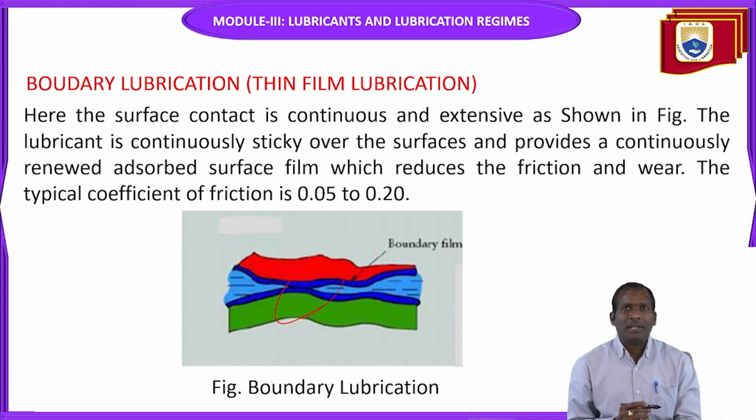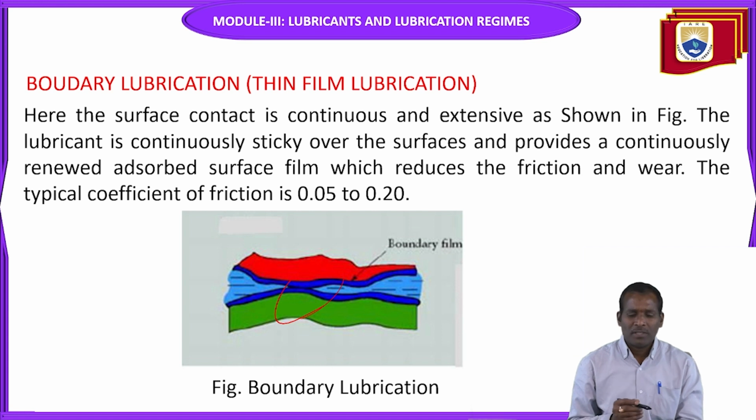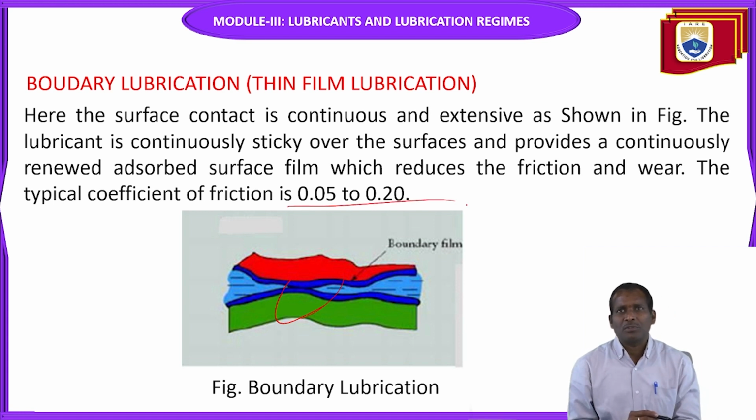Here the surface contact is continuous and extensive. The lubricant continuously sticks to the surfaces and provides a continuously renewed absorbed surface film, which reduces friction and wear. The typical coefficient of friction in this case is 0.05 to 0.20.